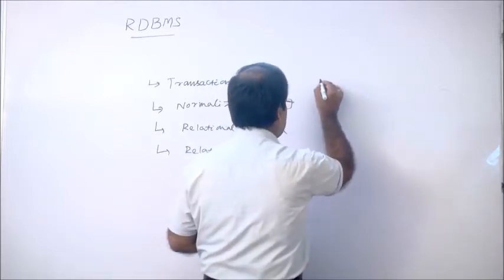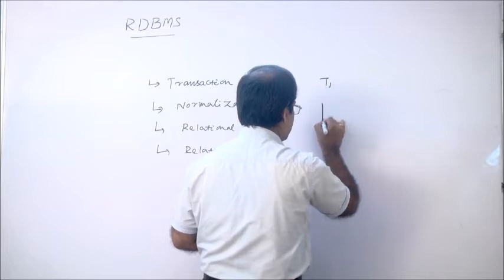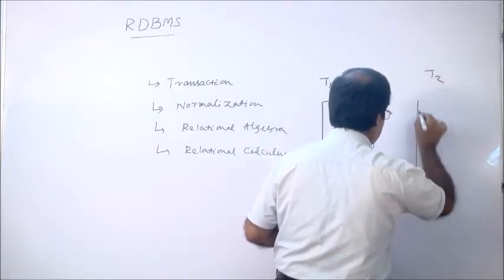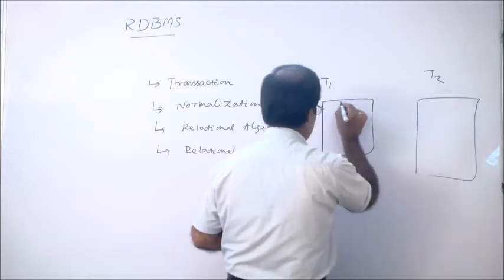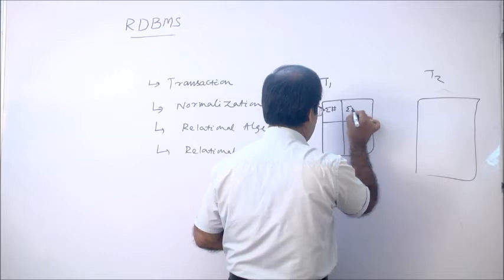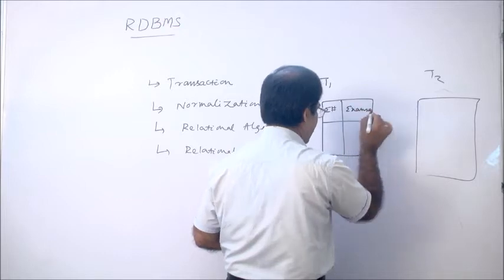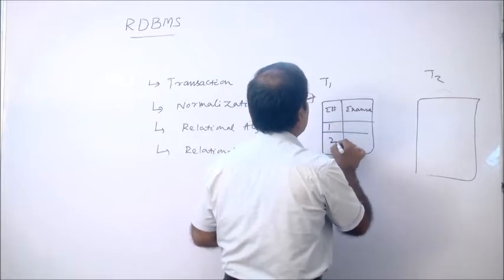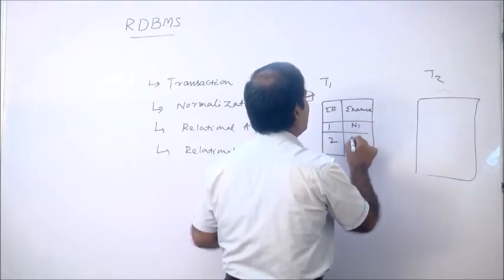Suppose T1 is one table and T2 is another table. Let this table have two fields, employee number and employee name. The numbers are 1, 2 and the names are N1, N2.